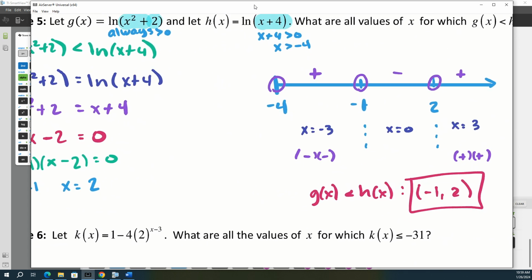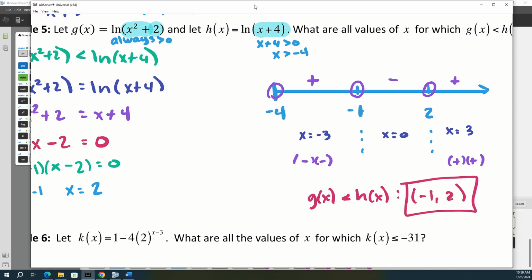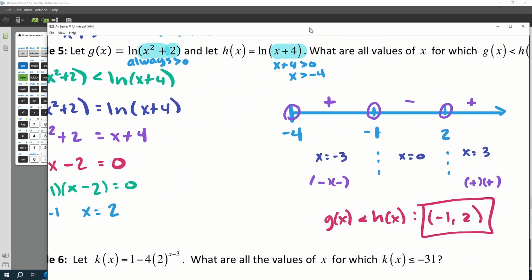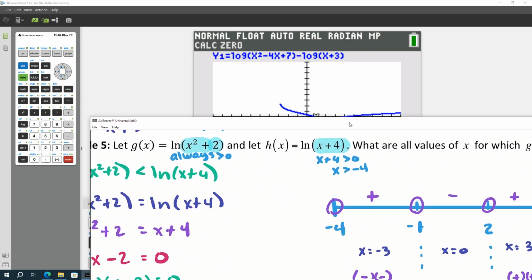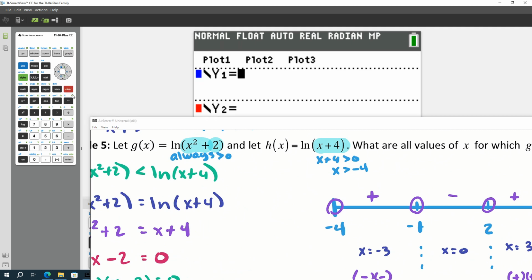All right, and I am also going to show you how to do this one in the calculator. So this time what I'm going to do is put g of x in for y1. So natural log is just right underneath the log button.